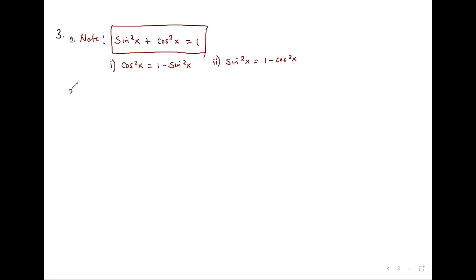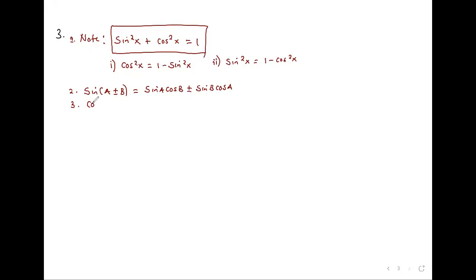That was 1. 2, you also need to know the compound angles. If I say a plus or minus b for sine, what I will get is sine a cos b plus or minus sine b cos a.